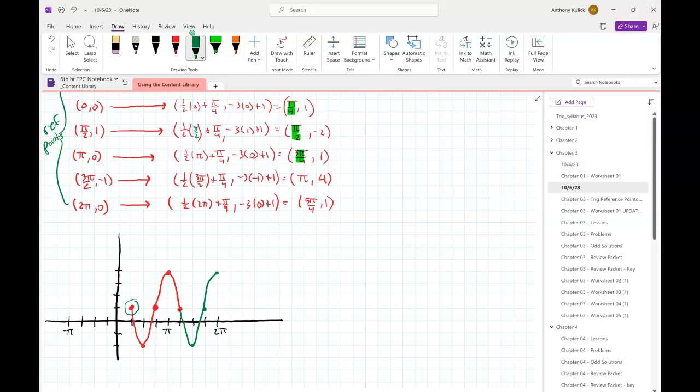So here I should be going over 1, up 3, and then over 1, down 3, and then over 1, down 3, over 1, up 3, over 1, up 3. There, I filled the space provided.